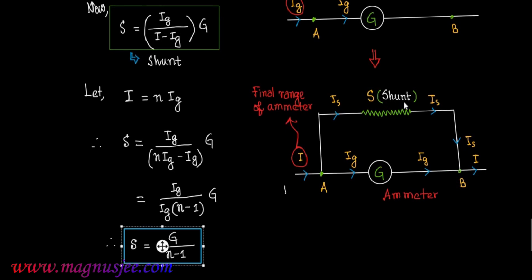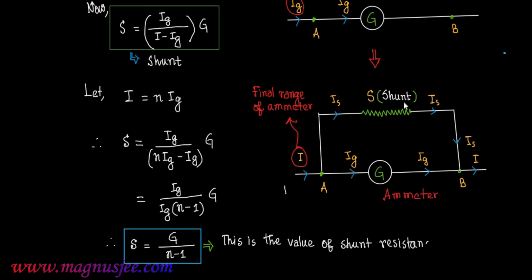That is, the required shunt S is equal to the resistance of the galvanometer divided by (n minus 1). This is the value of shunt resistance to be connected in parallel to the galvanometer of resistance G.